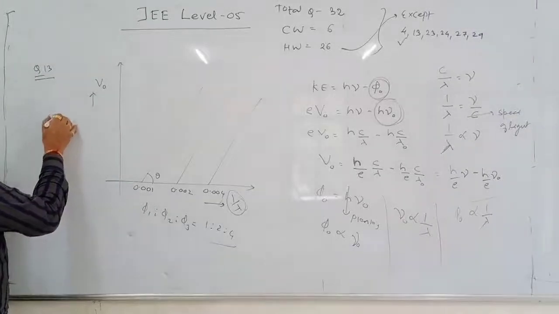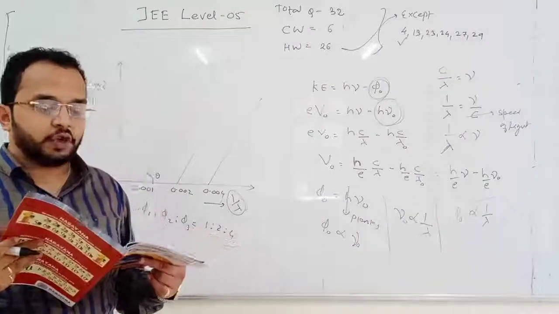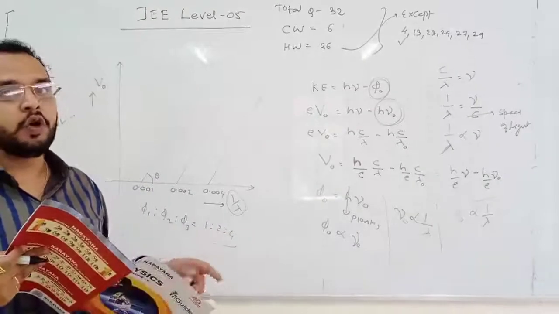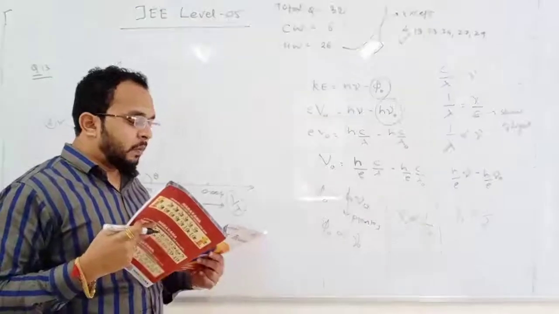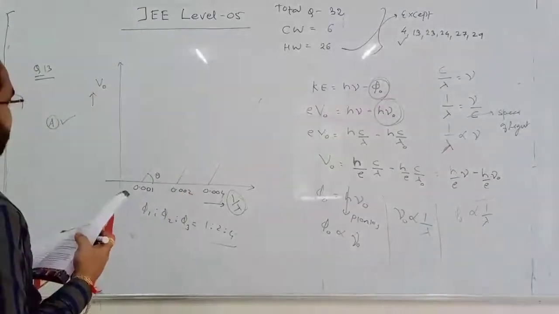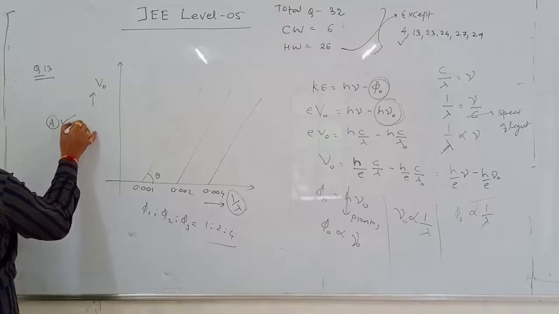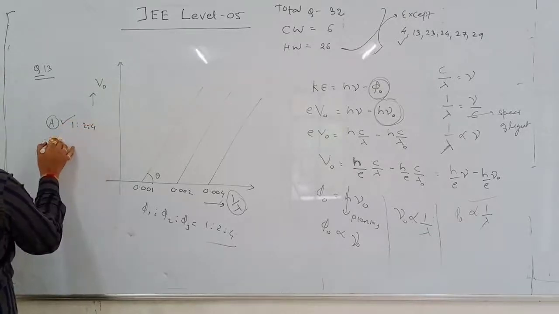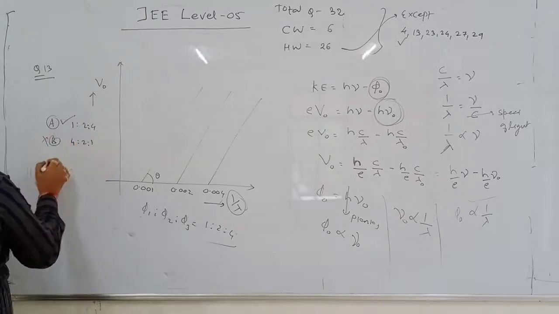Option A is correct. Now see option B, in which this ratio is 4 to 1. So 4 to 1 is incorrect. Option C is tan theta. Option A has 1 to 4 ordering, option B is 4 to 1, which is wrong.